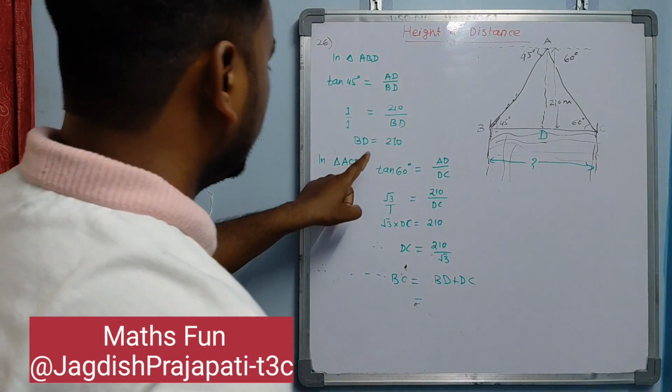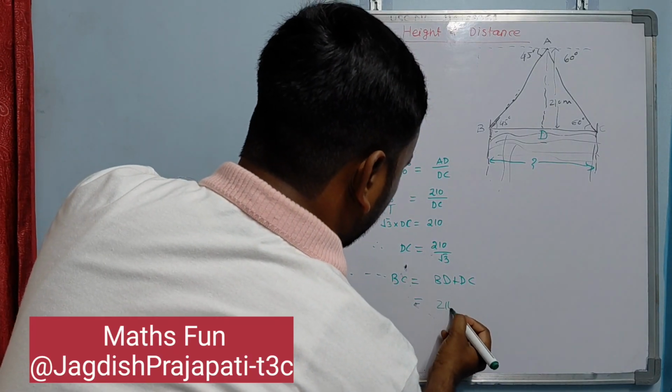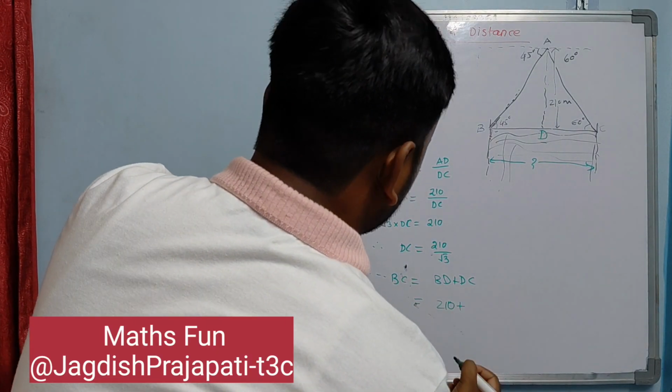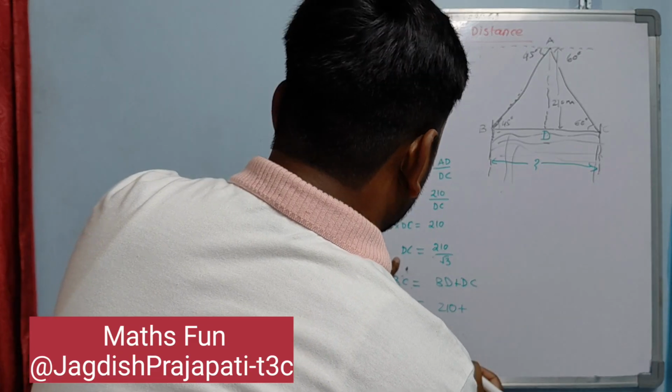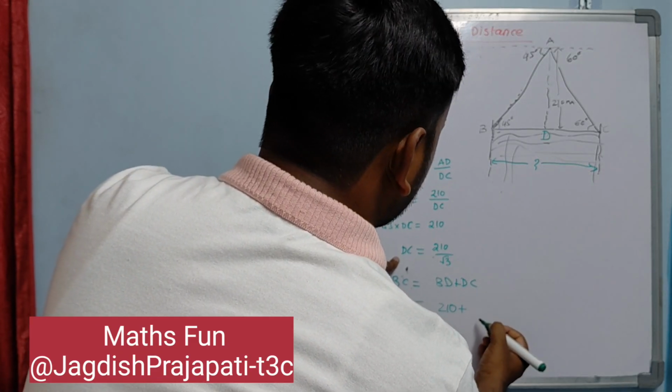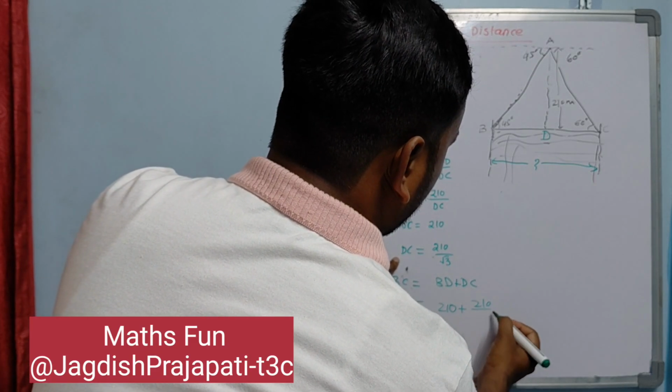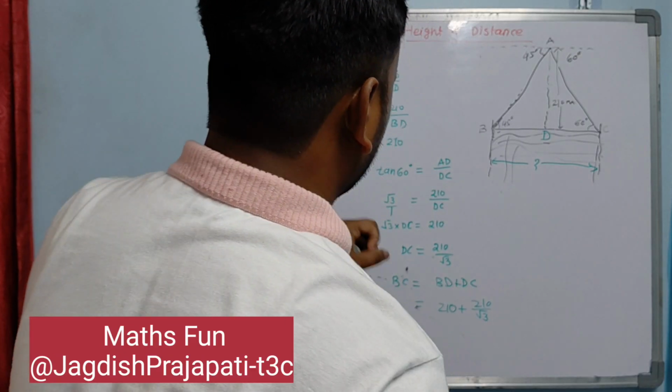BD is 210 meters plus DC is 210 by root 3.